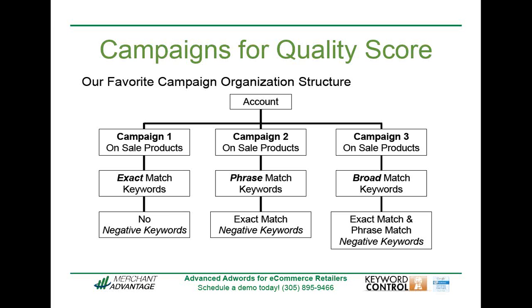So if you look at campaign number 2, which is all phrase match keywords, we want to use the same keywords as in the exact match negative keyword form. That way, if a searcher uses one of our keywords in exact match, the ad that's going to be shown is the one from campaign number 1, not campaign number 2. And we extend that to the broad match keyword campaign number 3, where we use the exact match and the phrase match negative keyword.